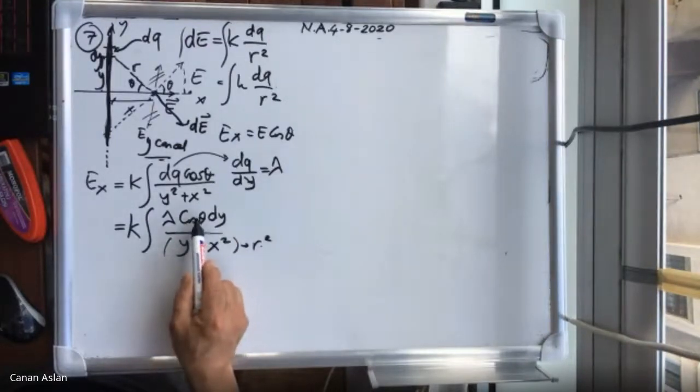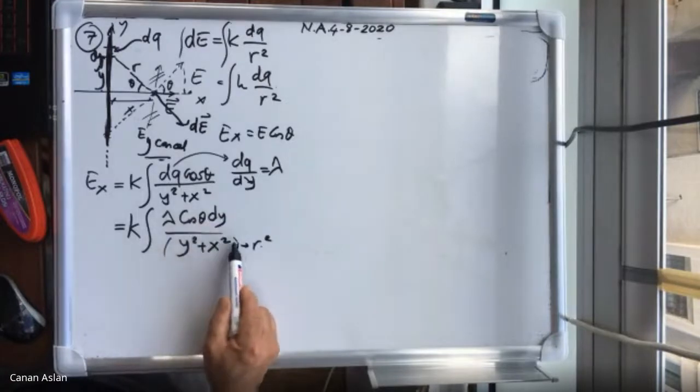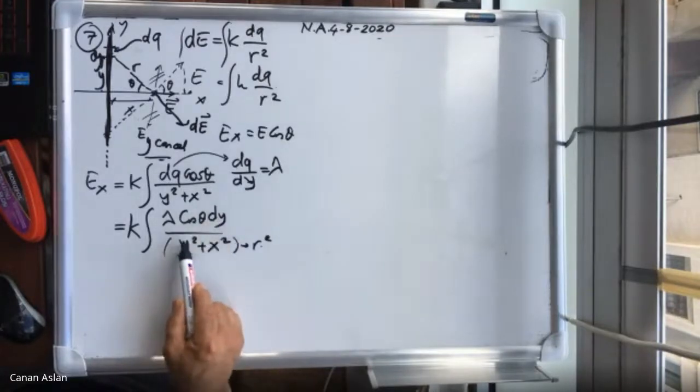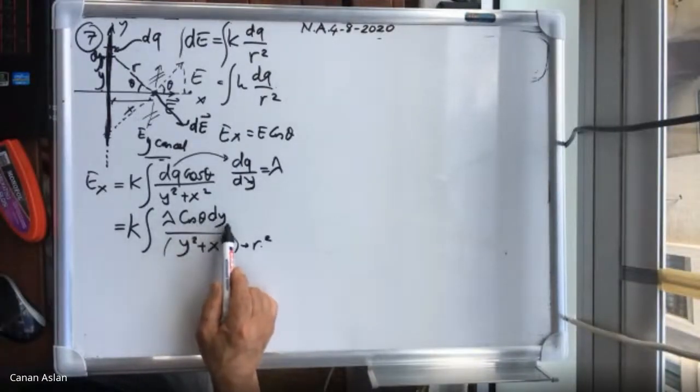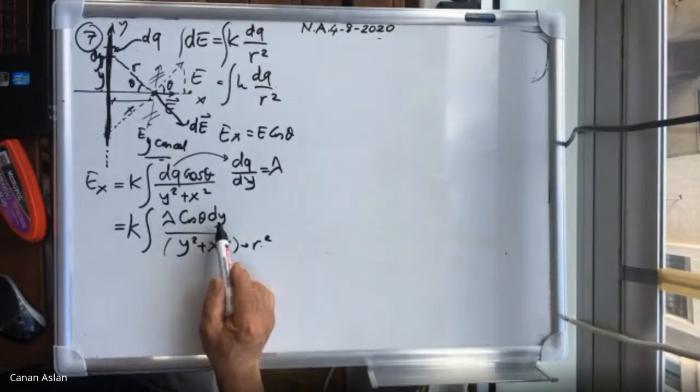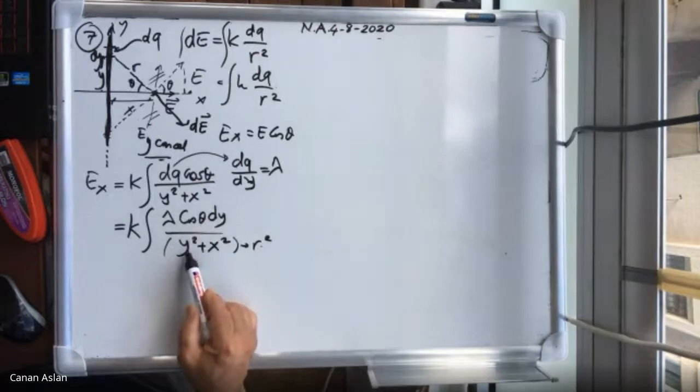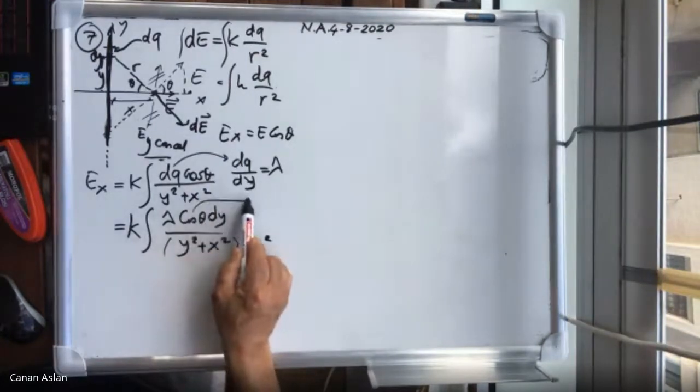Either we change this cosine theta to something in terms of y and try to solve, or write everything in terms of theta, so that you can get a simpler expression. So let's try the first one. When we write everything in terms of y, we have to replace cosine theta by something.